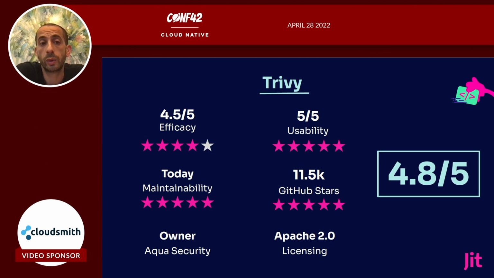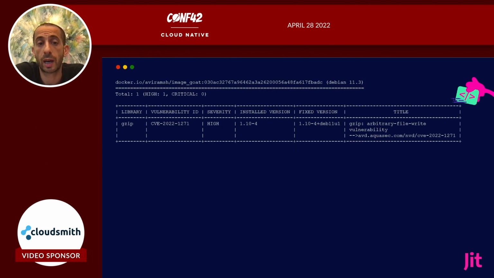We decided to go with Trivy due to its efficacy and easy integration with the CI. Here's an example of output when Trivy was scanning a Docker image that I created based on Debian 11.3. So you can see that Trivy identified the vulnerable library.